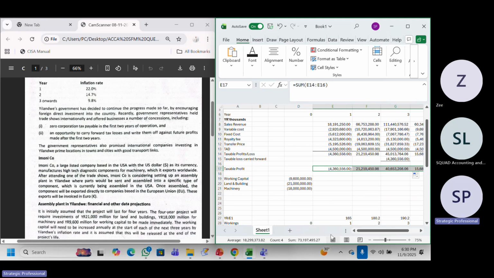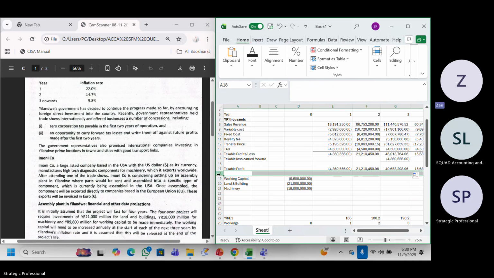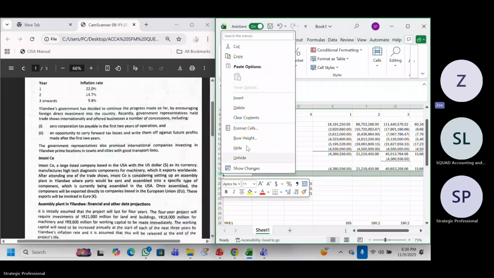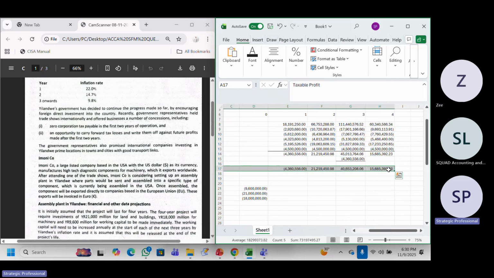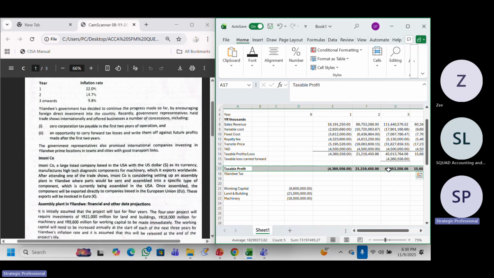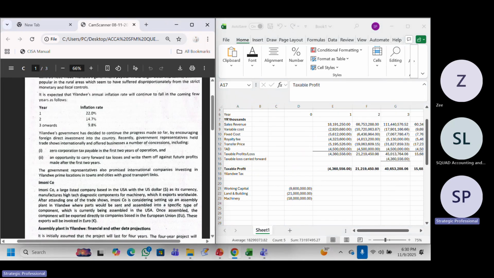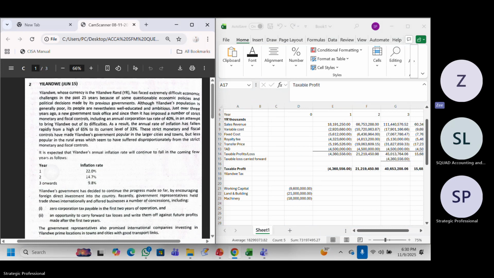In your country, what's the tax? 25? Are you sure it's 25? I know one is 25. In money it is 20%.